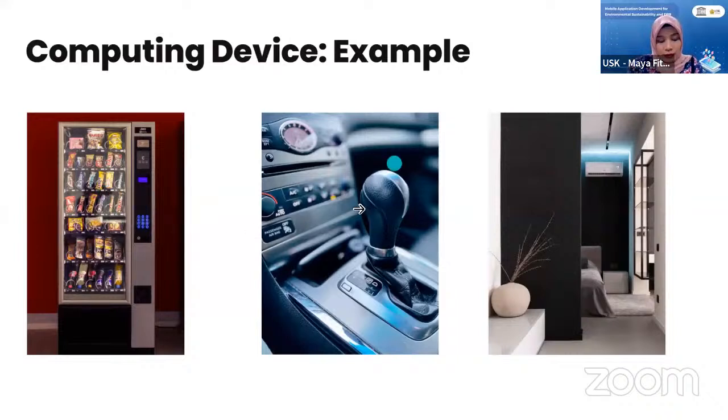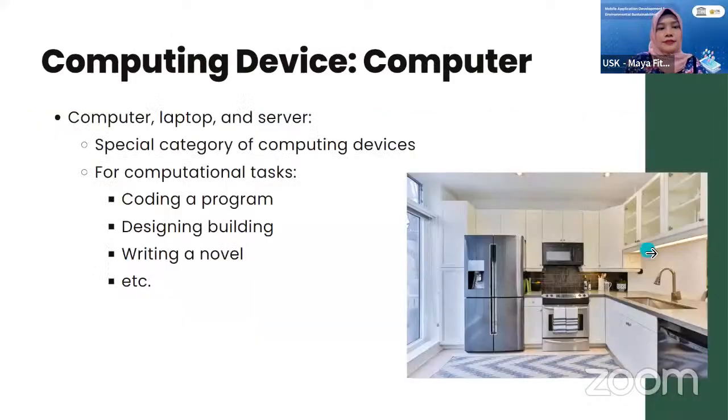Another example is the automatic gears that control when the gear changes. And this is the modern air conditioner that also uses a microprocessor to better control room climate.